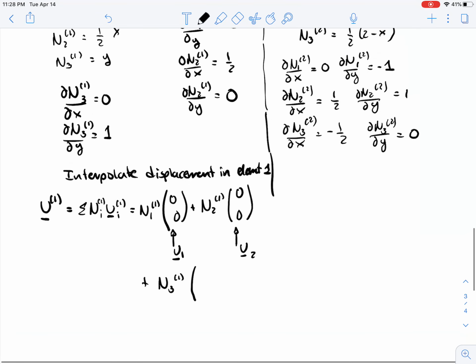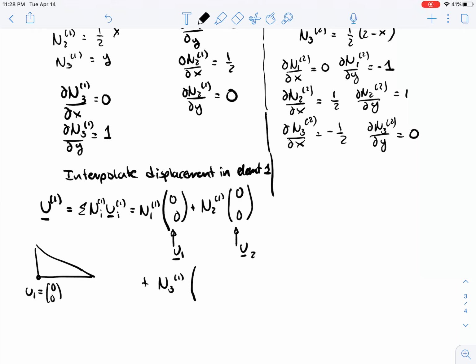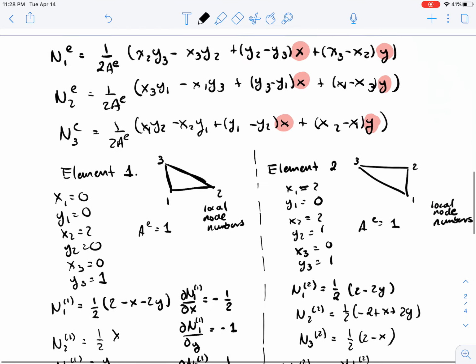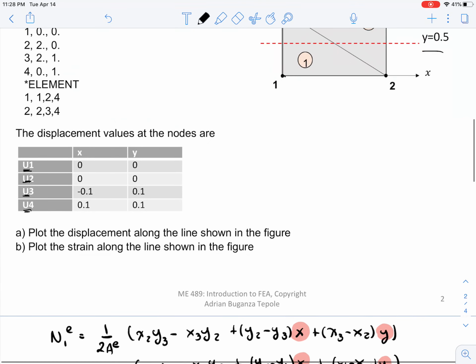So for this element, I should probably do it this way. Here we know u1, so local u1 is 0, 0. Local u2 is 0, 0. And local u3 is actually 0.1, 0.1.